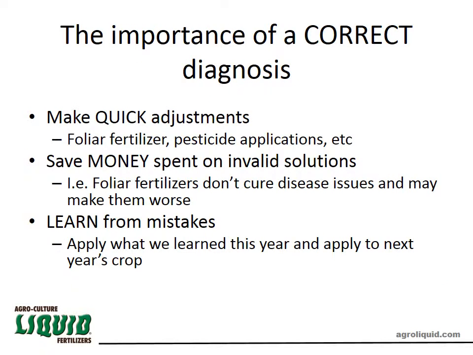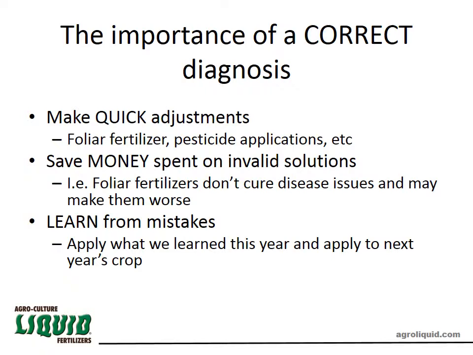So now that we've gone over the common mistakes that I see people make out in the field in diagnosing different injury issues or fertilizer deficiency issues, I want to go over the importance of making a correct diagnosis. The first thing I would say is that by making a correct diagnosis, we can make a quick adjustment through foliar fertilizers or pesticide applications.